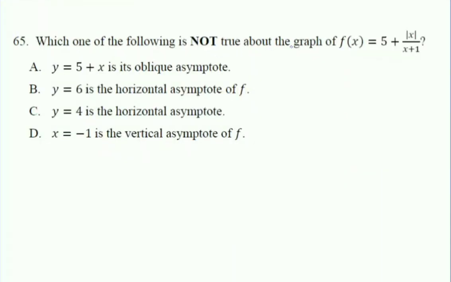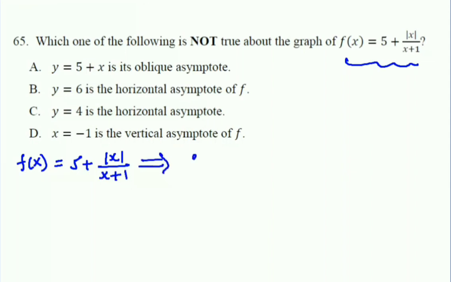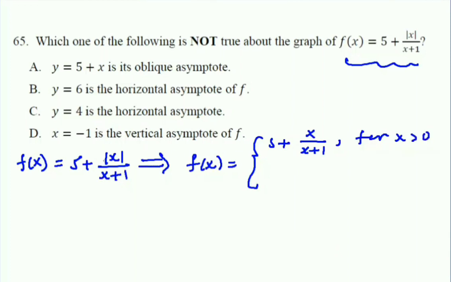Which one of the following is not true about the graph of f of x equals 5 plus absolute value of x over x plus 1? So first, to talk about this function, let us write it in detail. f of x will be written as 5 plus x over x plus 1, which we take as it is for x greater than 0, where we can avoid the absolute value.